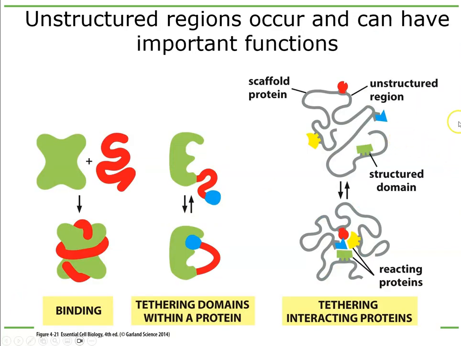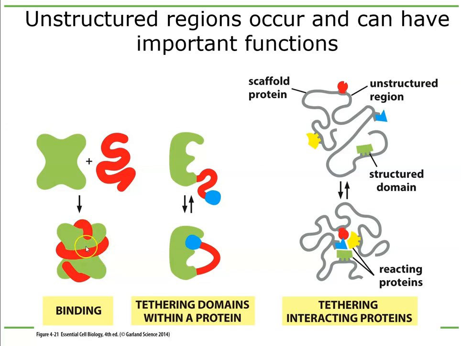So far, we've been talking a lot about the structure, and the structure is really important. Sometimes unstructured regions still have an important purpose, and it really depends on when we're looking at it, right? If you're looking at a protein that just looks like nothing, and then it interacts with something else, then it has the structure. There are things that can determine the function, and the structure might not happen until it interacts with that.